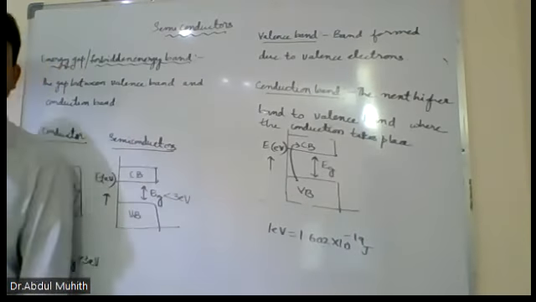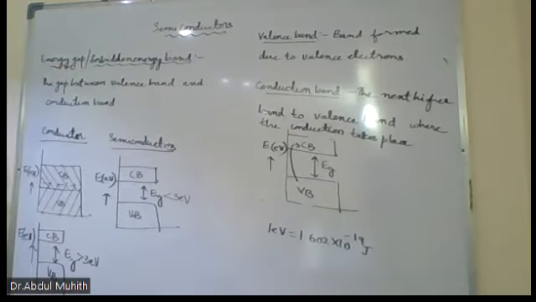But for a true insulator, you have to apply very high energy. Example: dry wood and dry rubber is a perfect insulator. But if I pour a few drops of water, the wood is no more an insulator, it becomes wet.